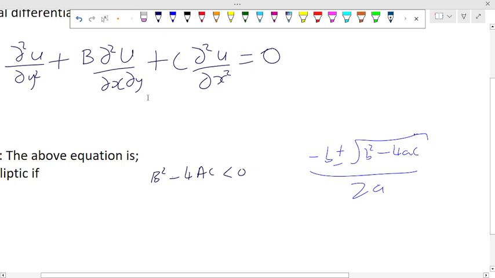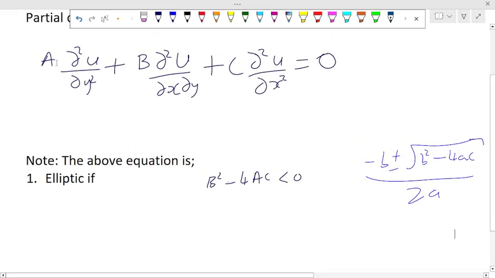Small letter and capital letter doesn't really mean much now. So whatever constants you have here, if you plug those values in and your answer is less than 0, then the equation is said to be elliptic.